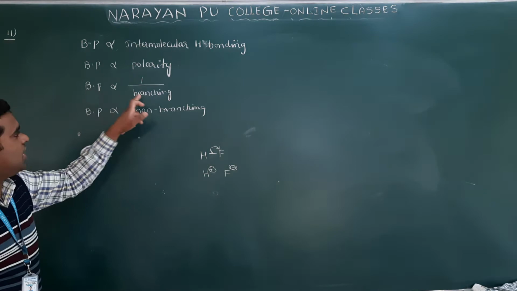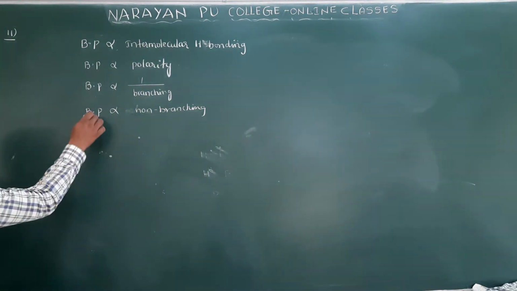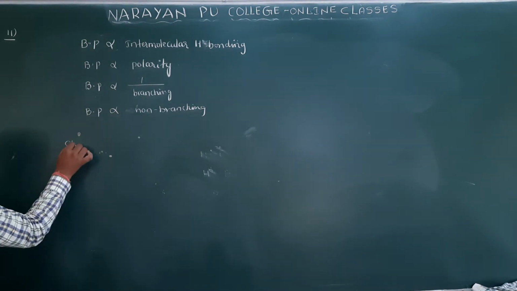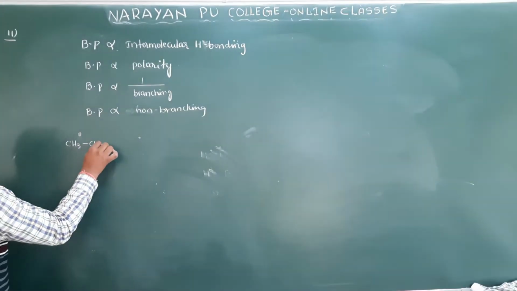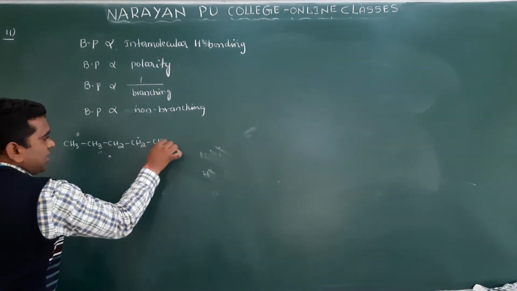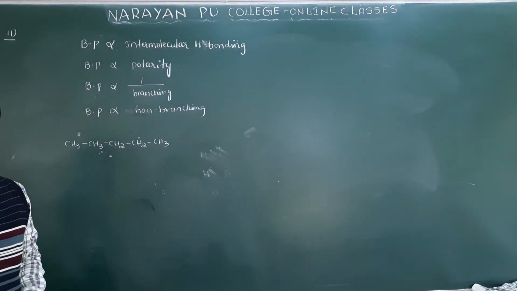Next one, boiling point and branching. Suppose I write one compound; this again we will discuss in organic chemistry. I will write one compound: CH3, CH2, CH2, CH2, CH3. Five carbons I have written. This is one molecule.